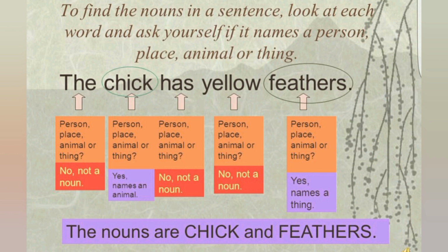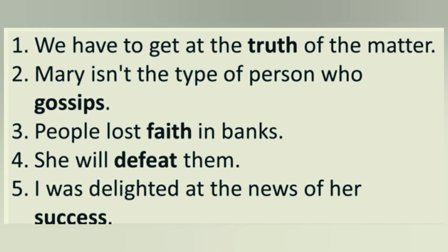The chick has yellow feathers. In this sentence, chick is a noun because it is the name of an animal. Feathers is a noun because it's the name of a thing. However, the other words are not nouns because they do not name things, they do not name people, they do not name places, nor do they name ideas.